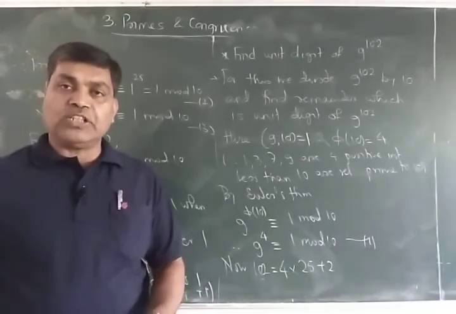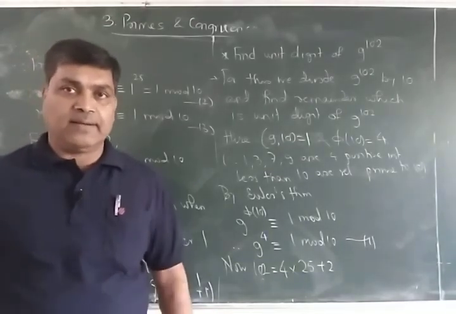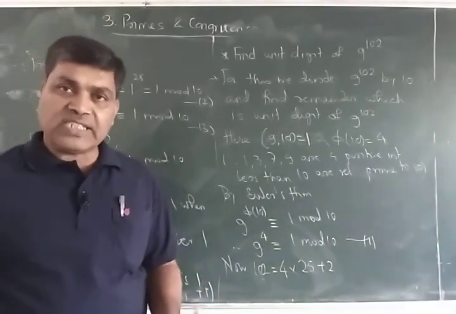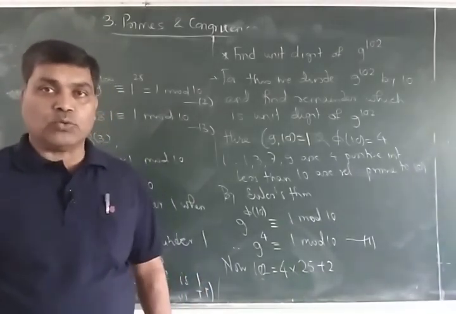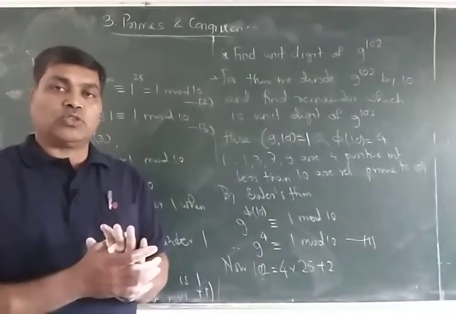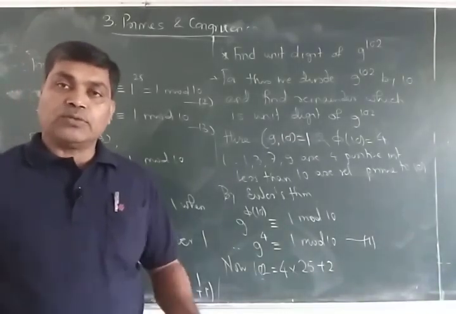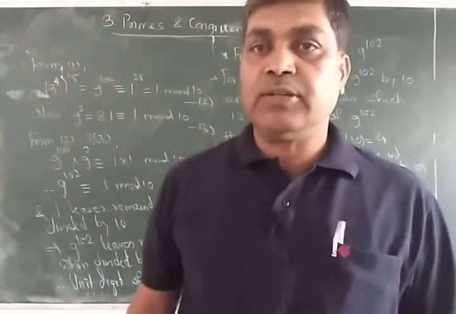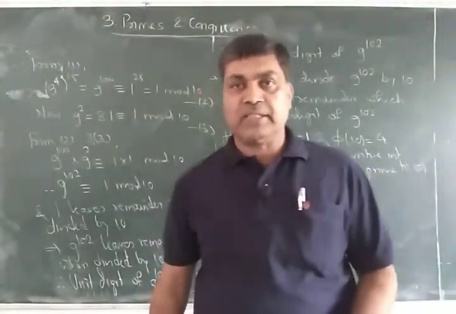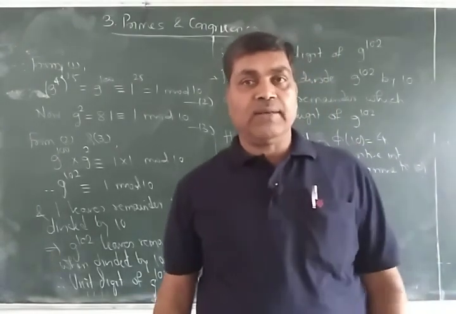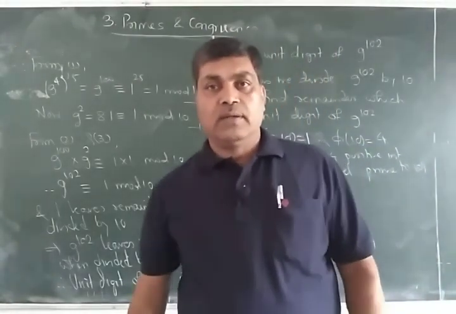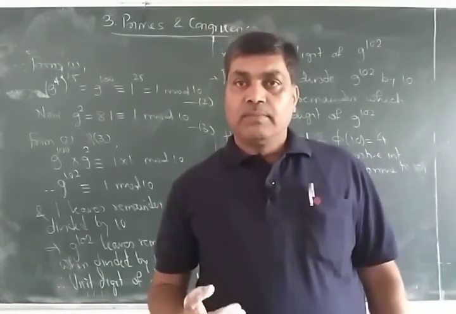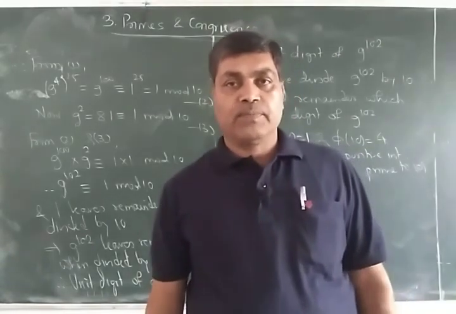So the congruence relation plays a very important role in the study of integers, which is the basis of the number theory course. If you are going to study higher mathematics, you will come across the number theory course at TYBSc mathematics or at MSc level, and these congruence relations play a very important role in that course.